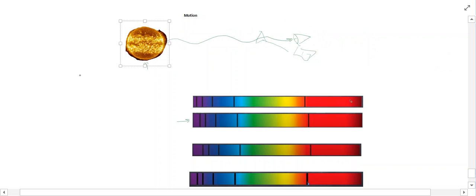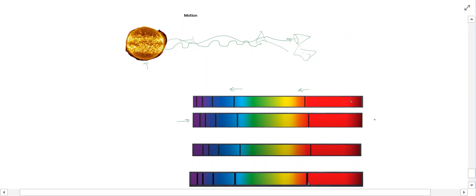The wavelengths of light are going to get bunched up, so the wavelengths here and here are going to get shorter. As a result, these absorption spectra shift to the left.